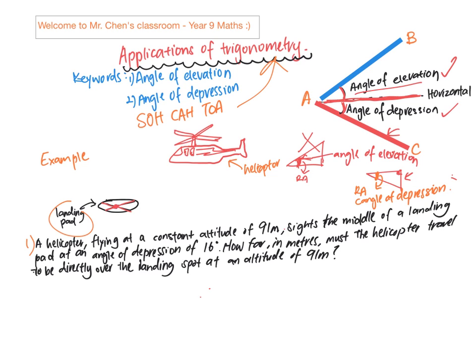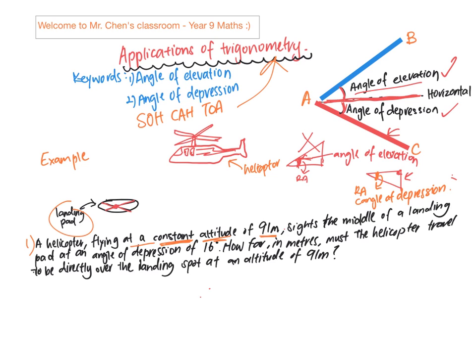A helicopter is flying at a constant altitude of 91 meters and sights the middle of the landing pad at an angle of depression of 16 degrees. How far in meters must the helicopter travel to be directly over the landing spot at an altitude of 91 meters?